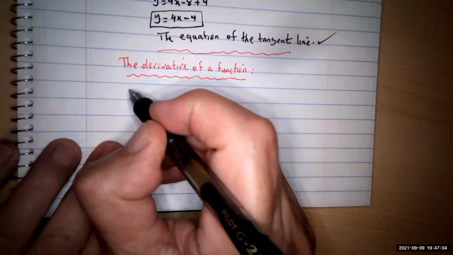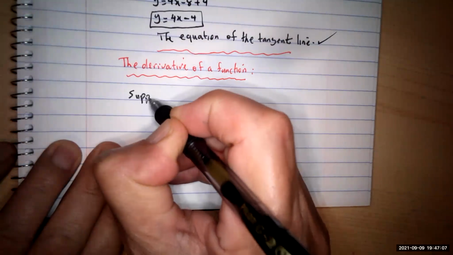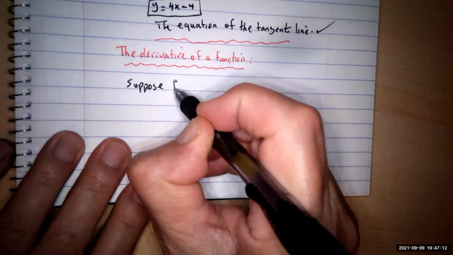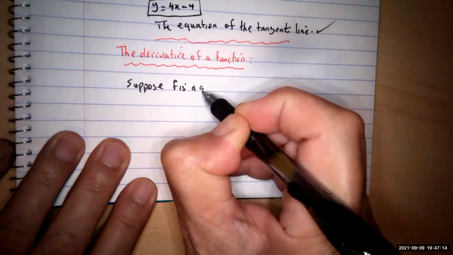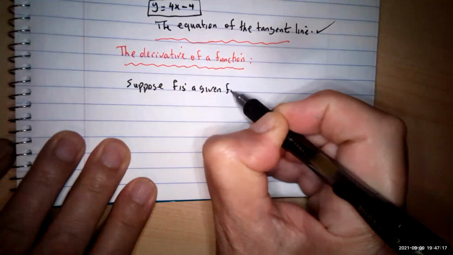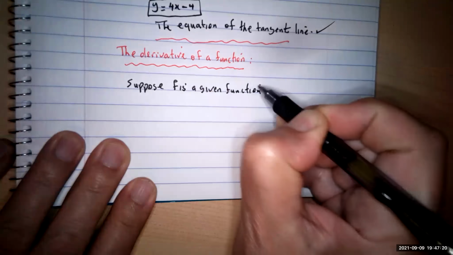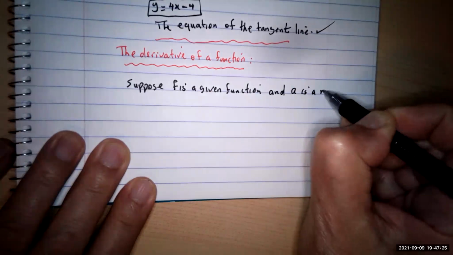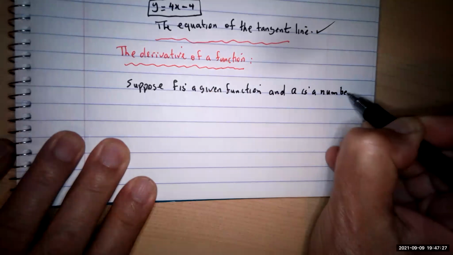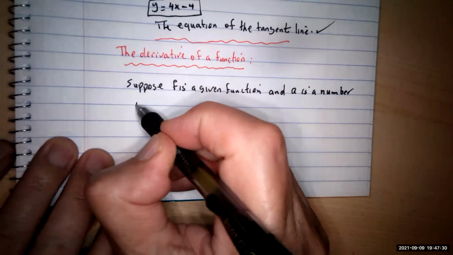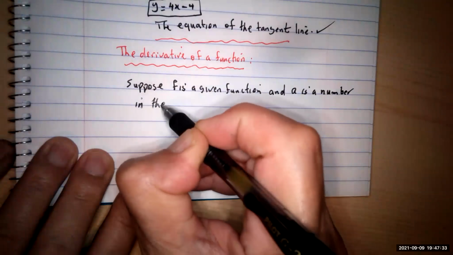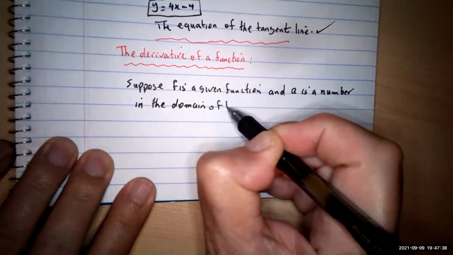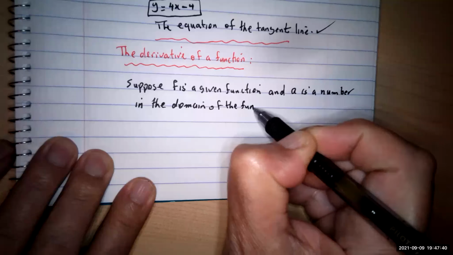Suppose f is a given function, and a is a number in the domain of the function.